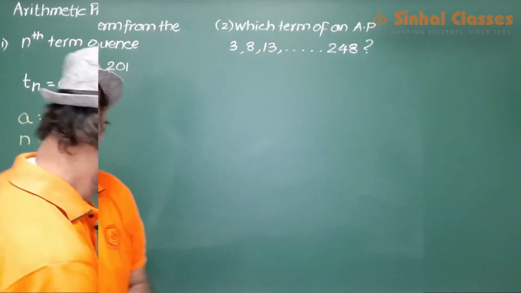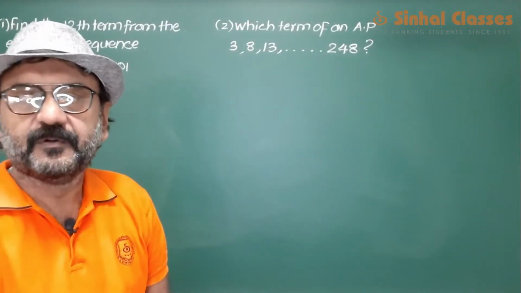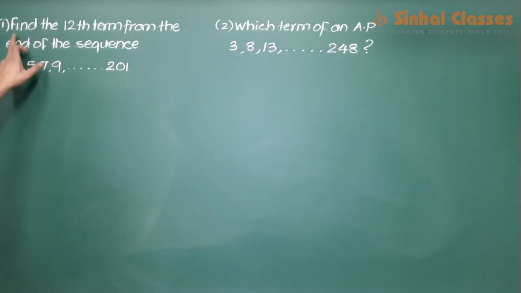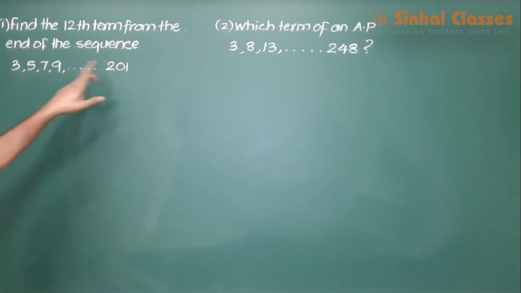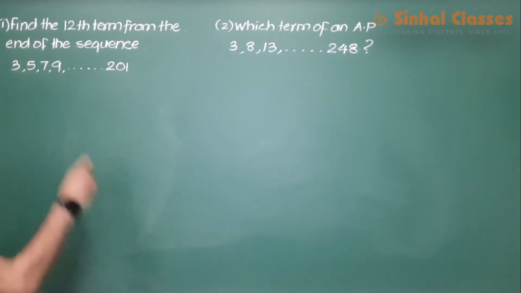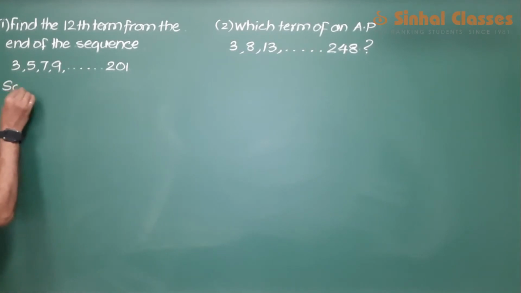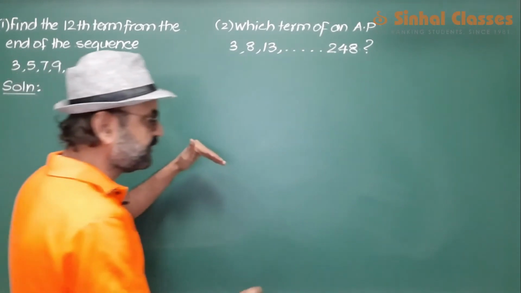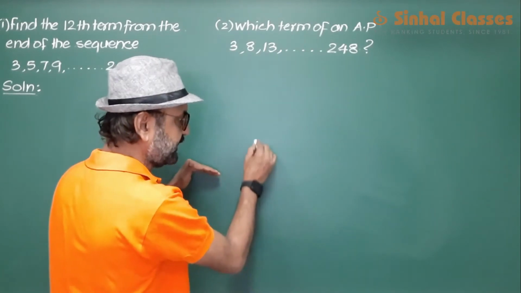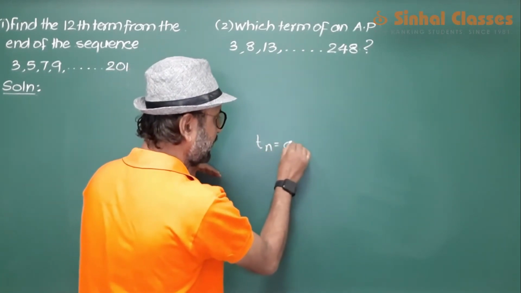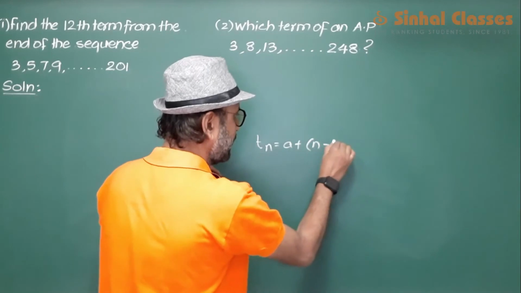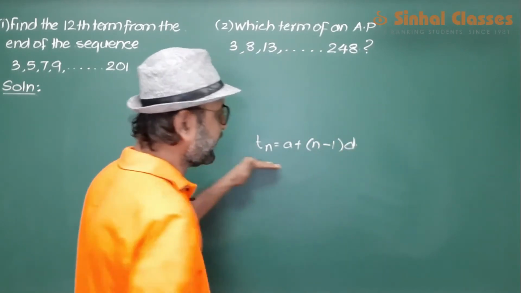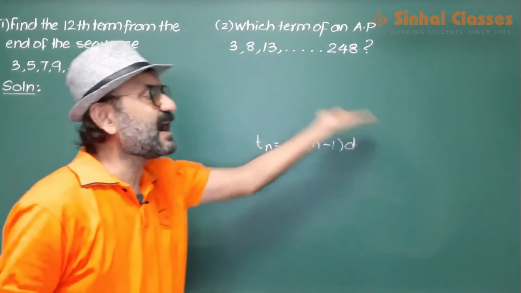Okay? So let's start with the first sum from AP. Find the 12th term from the end of the sequence this. Now in this question we are asked to find out the 12th term from the end. Now we have a formula, with this formula we can find out any term from the start.